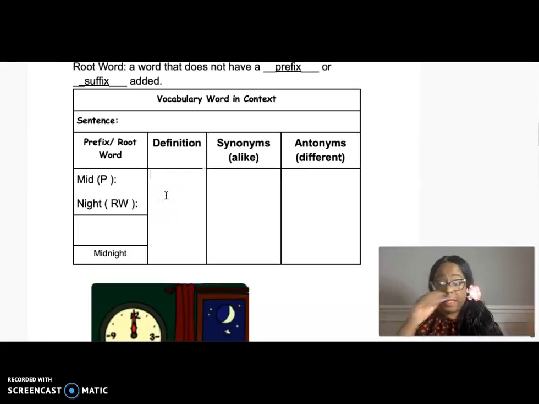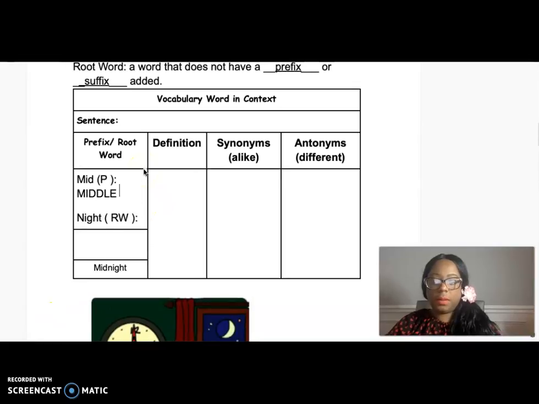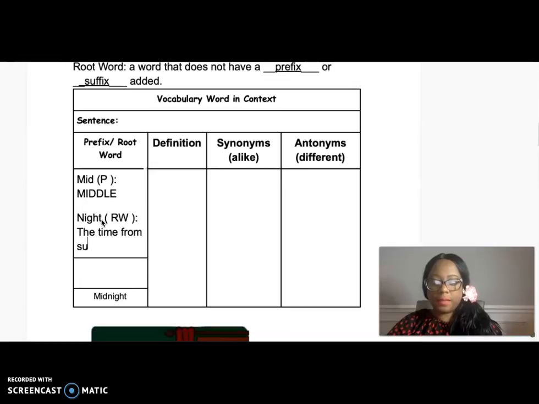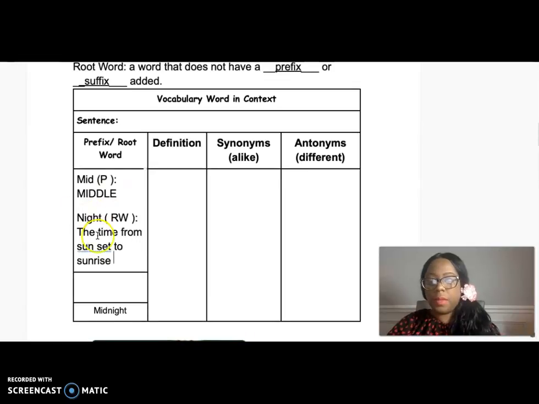Midnight, as defined in the dictionary, means middle and the time from sunset to sunrise. So if we think about night, we know it's dark. Now, when we put those two meanings together, we create the definition of the word midnight.